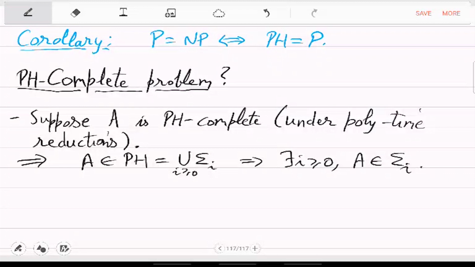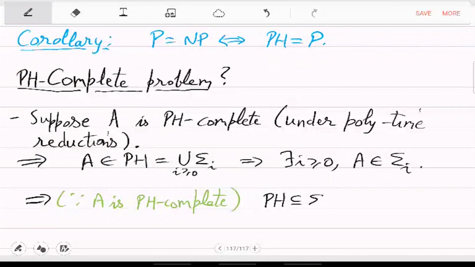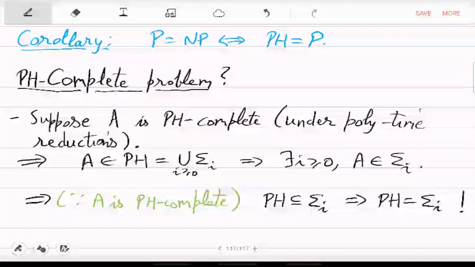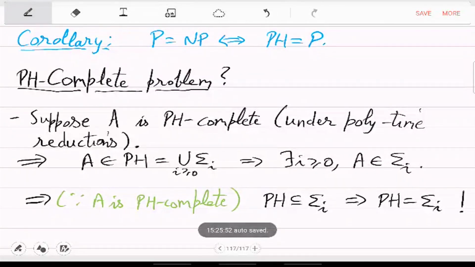So this is sigma I, say, which means that since A is PH complete, PH is in sigma I, which means that actually PH has collapsed.